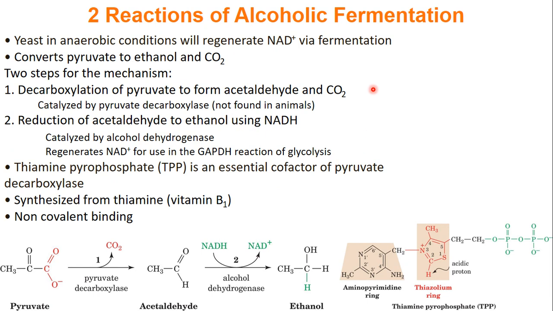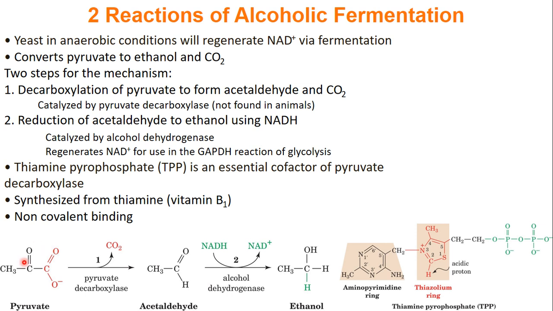Now let's look at the yeast reaction. Yeast in anaerobic conditions will regenerate NAD+ through fermentation, which is creating ethanol. So you convert pyruvate to ethanol and carbon dioxide. This is a two-step mechanism.